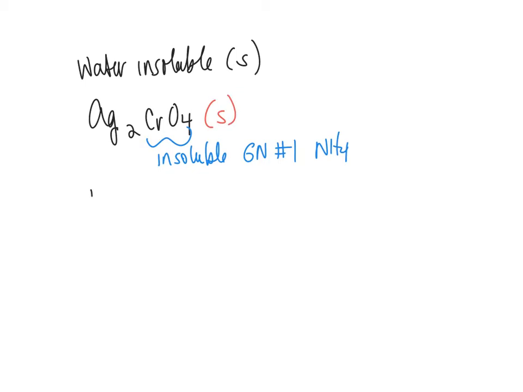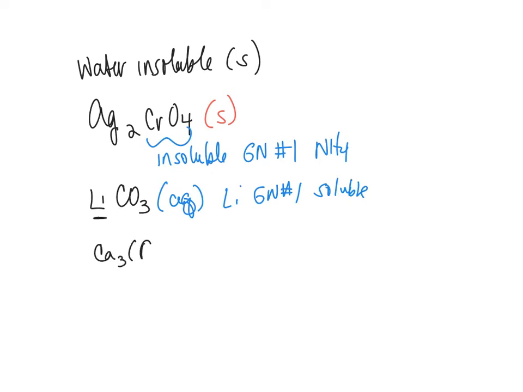We have lithium carbonate. Lithium is group 1, so you don't have to look any further. Group number 1, lithium, group number 1. It's going to be aqueous, so that's soluble. We have calcium phosphate, and you know phosphate is typically insoluble unless it's with group 1 or the ammonium. So here it's going to be a solid.